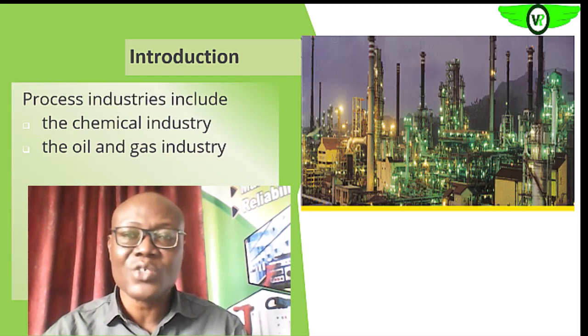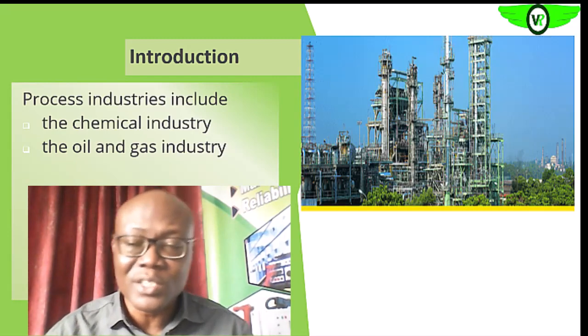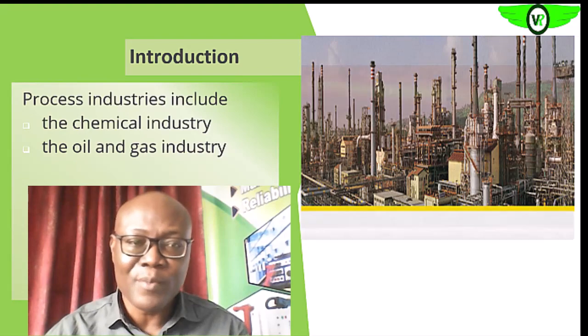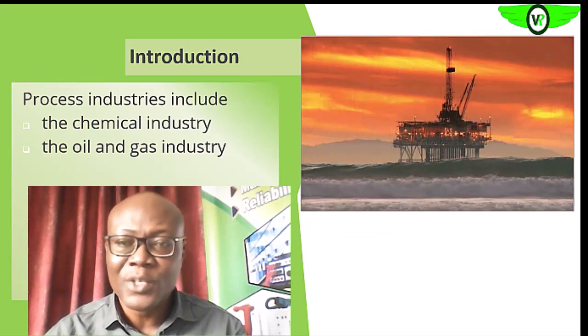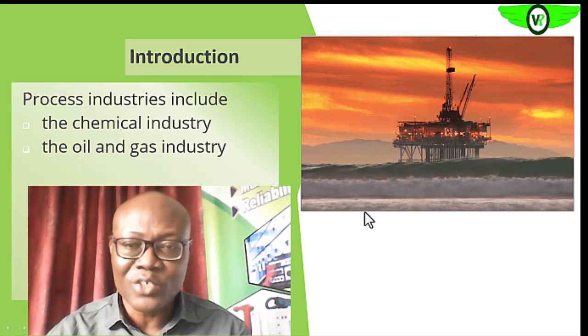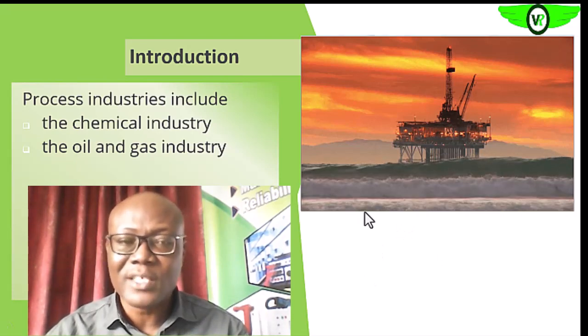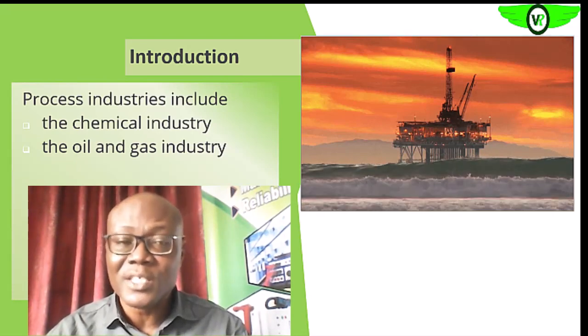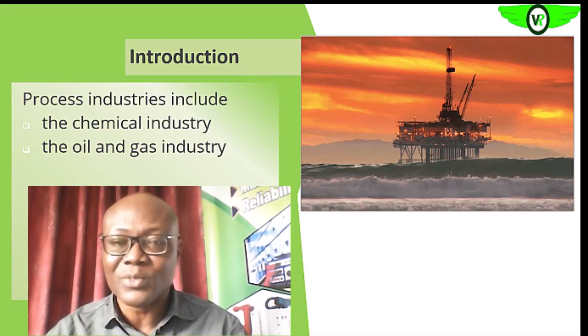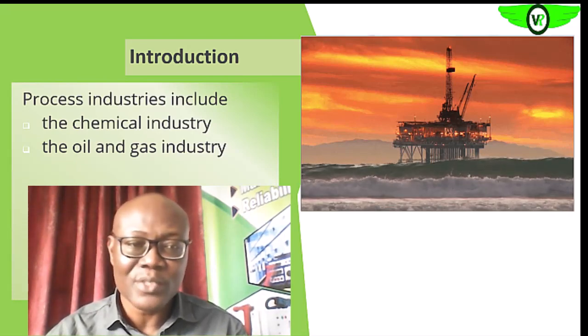So we are going to see some of the variables that we monitor in these various aspects of the oil and gas industry. Okay, so as you can see here, this is a production platform where the crude is actually produced. So you see that in the production, we need to monitor certain variables, and in monitoring these variables, we need instrumentation, so that we'll be able to get the desired quality and the desired output from that process.